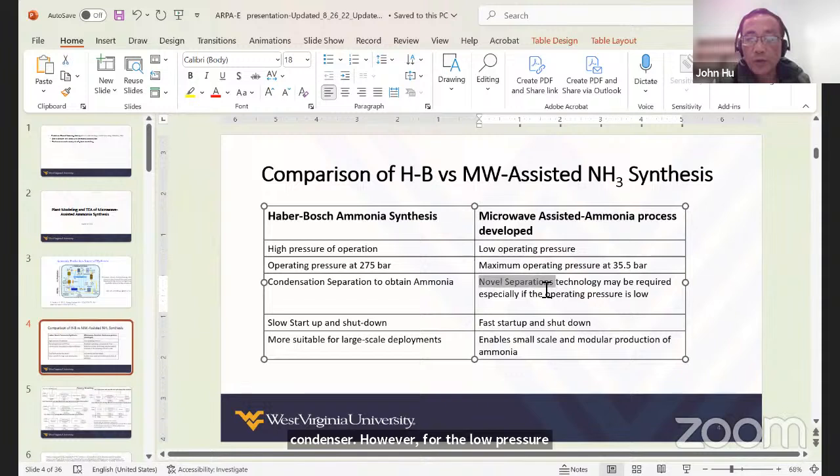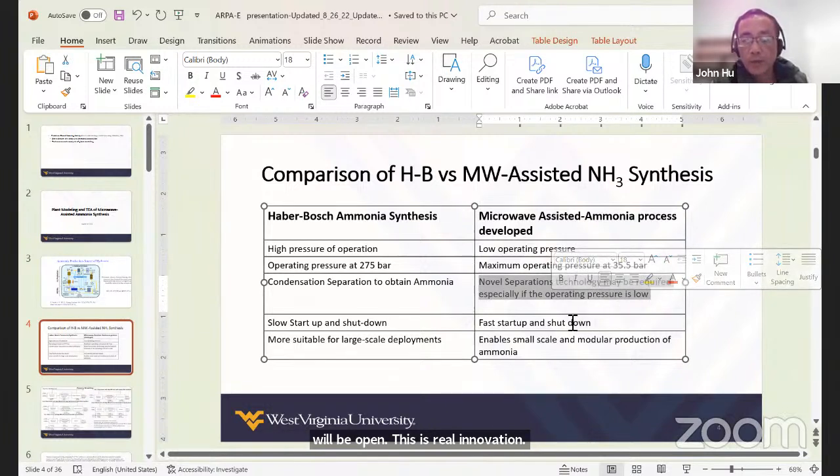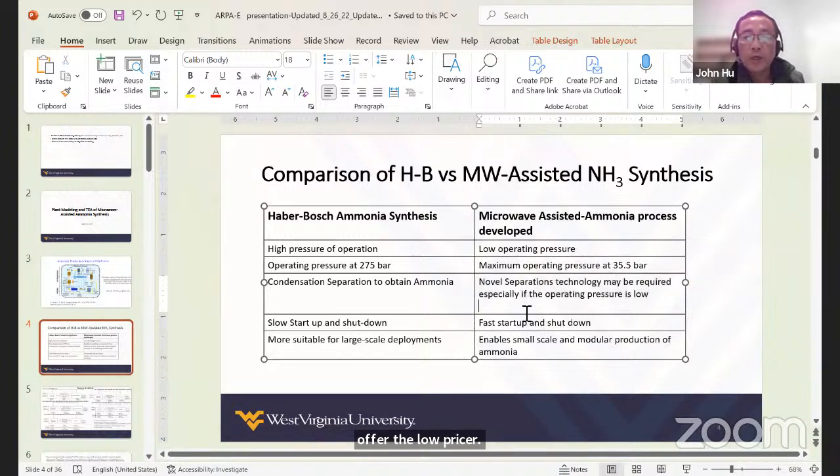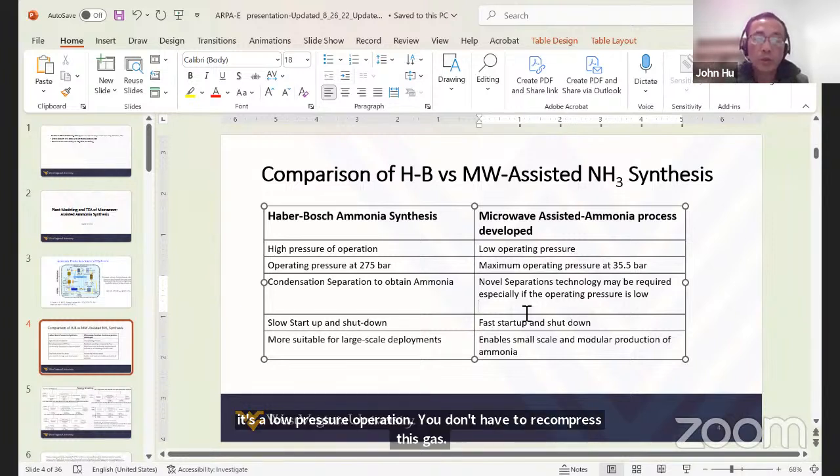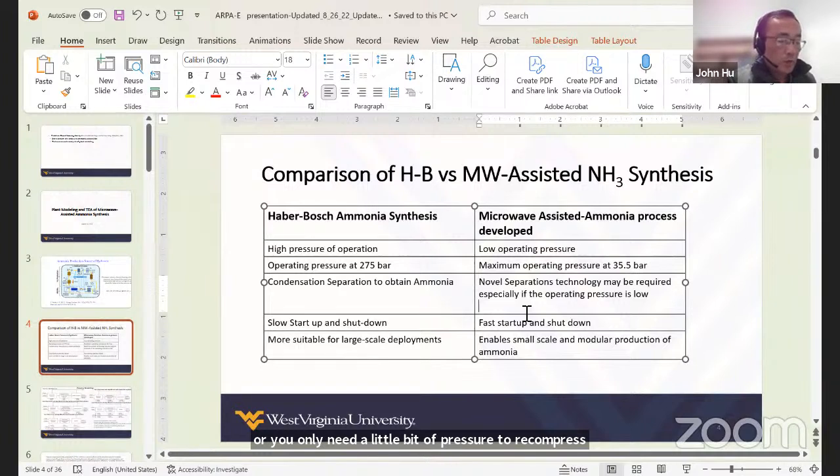This is a real innovation for low pressure microwave processing because we can choose novel separation, and because we lower the pressure, the recycle and the recondensing are not needed. You don't have to recompress this gas, or you only need a little pressure to recompress it because the decrease of the pressure is not that much.